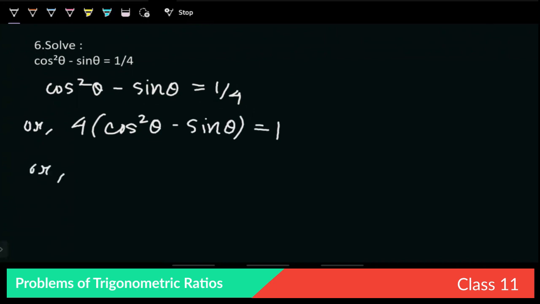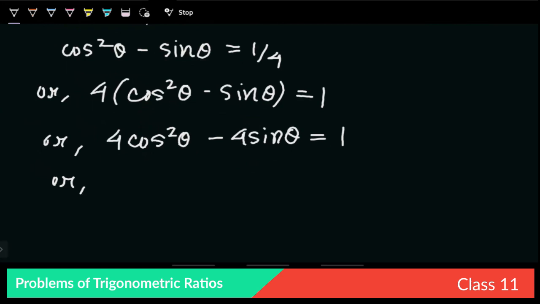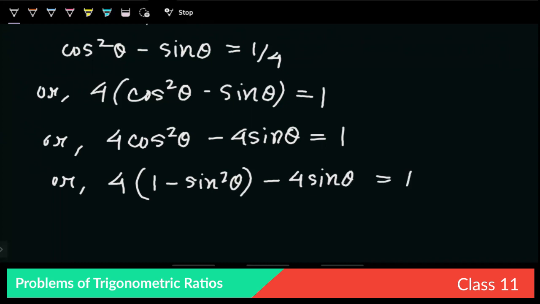Now in the third step we will multiply this 4: it is 4 cos square theta minus 4 sine theta equals 1. We know that cos square theta is 1 minus sine square theta. So in place of cos square theta, I can write 4 into (1 minus sine square theta) minus 4 sine theta equals 1.